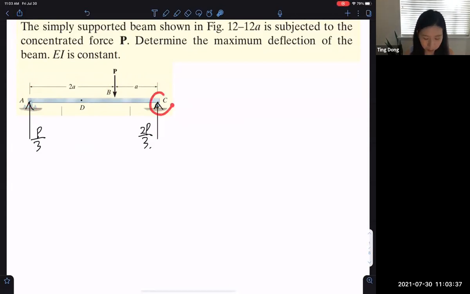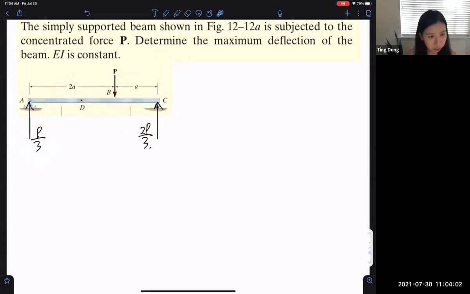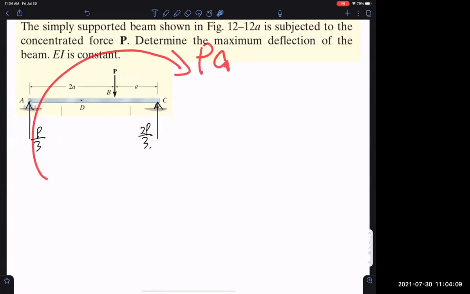Let's take the moment about point C. Then this force will generate a bending moment PA, counterclockwise. This is the moment generated by force P about point C. And the reaction force at point A, a third of P times 3A, generates a bending moment PA clockwise. So the moment is also in equilibrium.